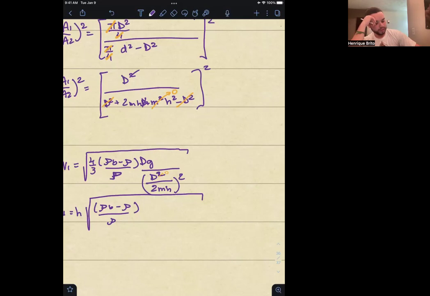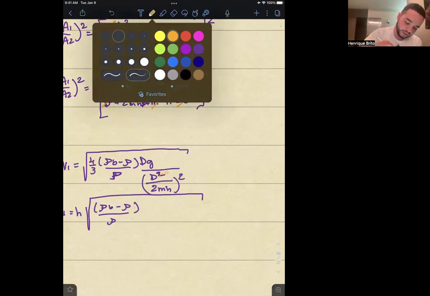We most definitely can. So the final expression for this, I'm just simplifying this in my head. Let's see. 16, 16. So this would be gone.